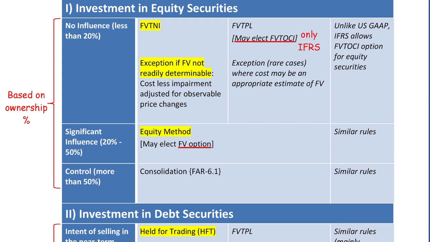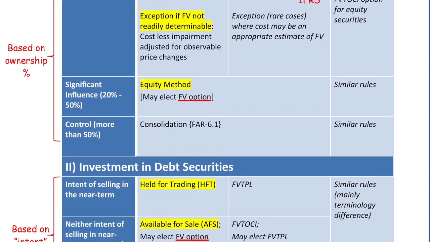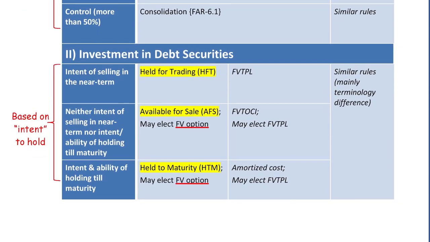Now, this is pretty similar to the held for trading accounting for debt securities. And if you realize, we actually have a fair value option for all the other methods of accounting. So under investment in equity securities, when you have significant influence, you could use the equity method, or may even elect the fair value option.